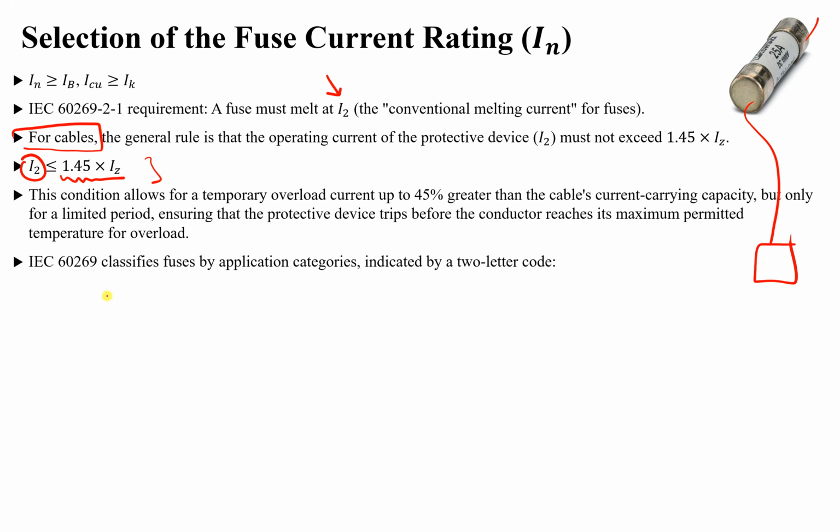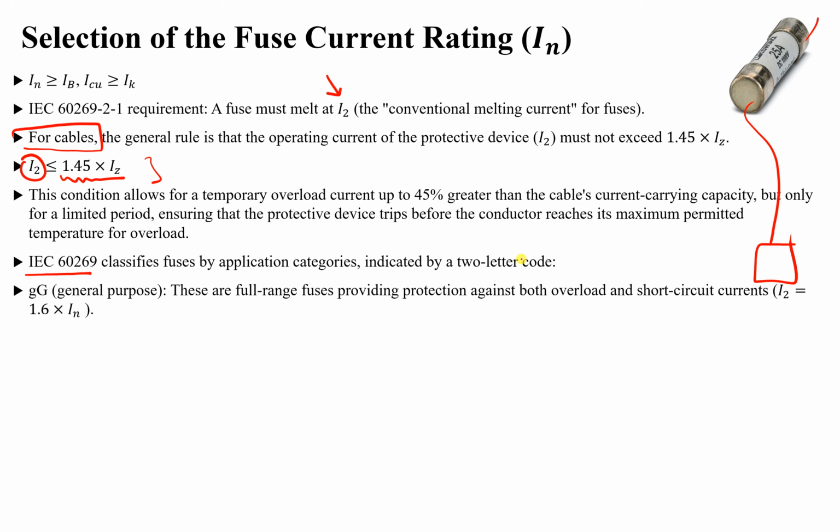Now, another thing about fuses is that IEC 60269 classifies fuses by application categories indicated by a 2-letter code. So we have gG, which is called general purpose, and we have aM, which is motor protection, or gM if I remember. gG, general purpose, are full range fuses providing protection against overload and short circuit currents.